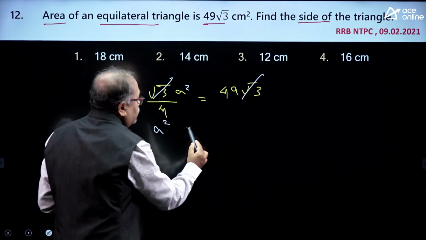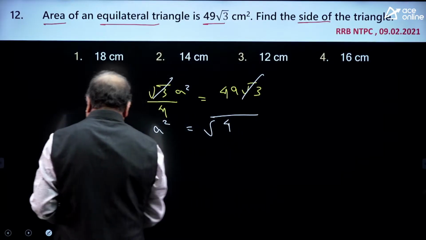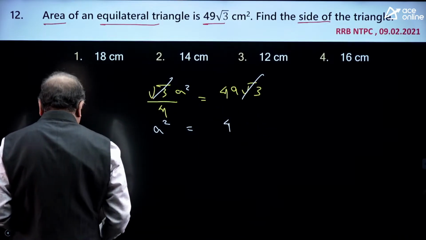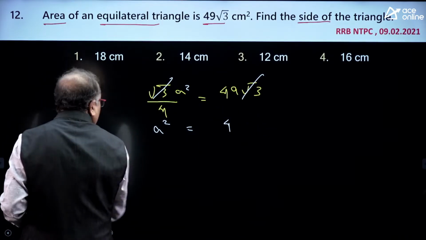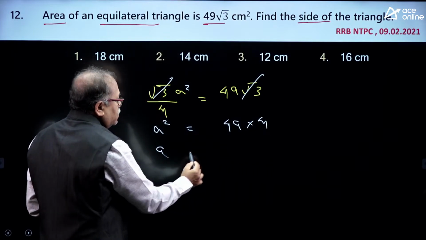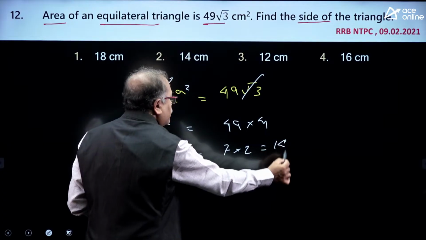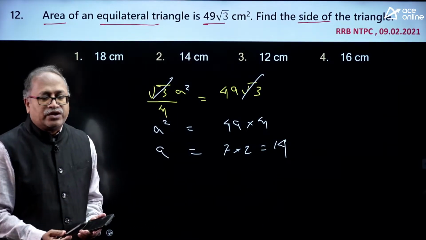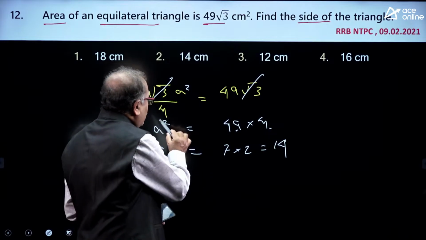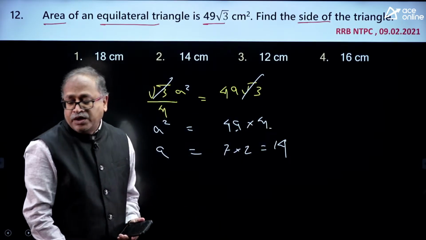So a squared is 49 into 4. Now what is a? Here I get the 7, and here I get the 2, which is nothing but 14. We don't even need to write this down. 7 into 2, because when I take out the square, it becomes square root over here. Well done.